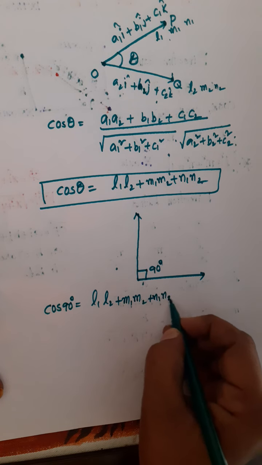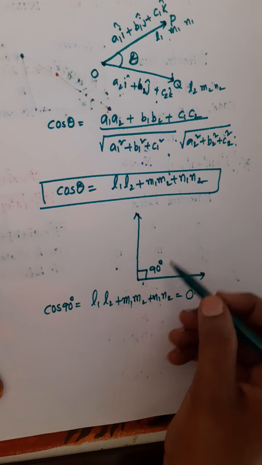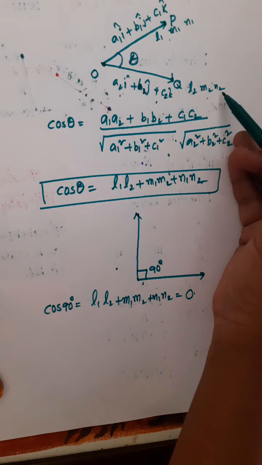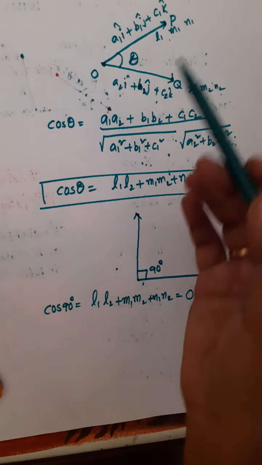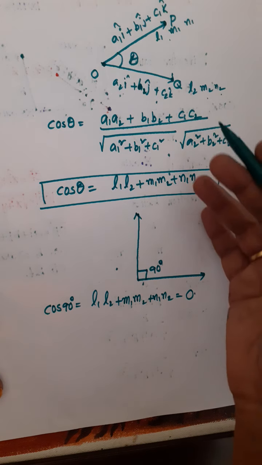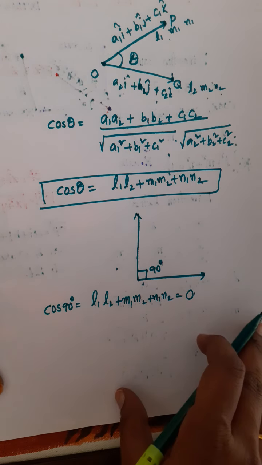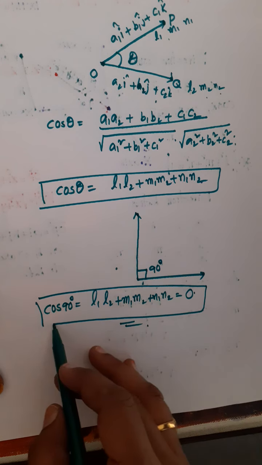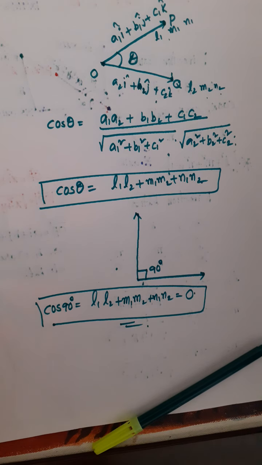So whenever two lines with directional cosines L1 M1 N1 and L2 M2 N2 are perpendicular, they have to satisfy L1 L2 plus M1 M2 plus N1 N2 is equal to 0. This is also an important thing. These are the basics of directional cosines and direction ratios. Let us do some problems.